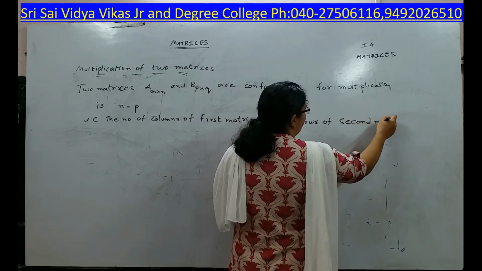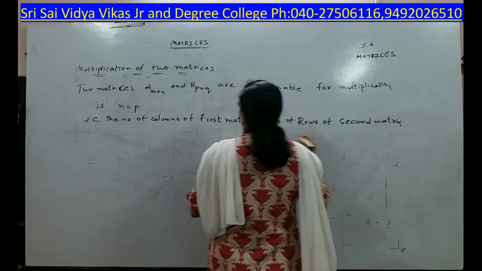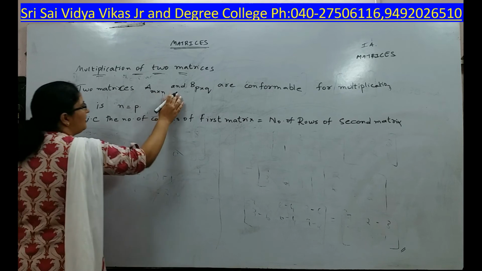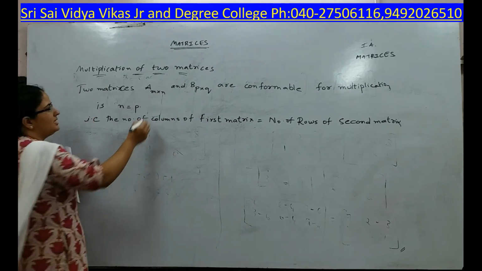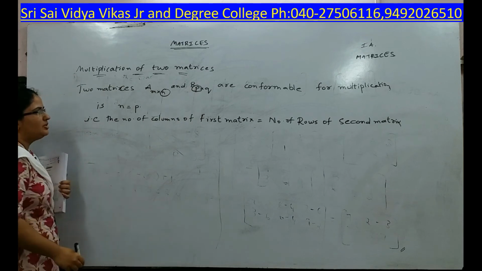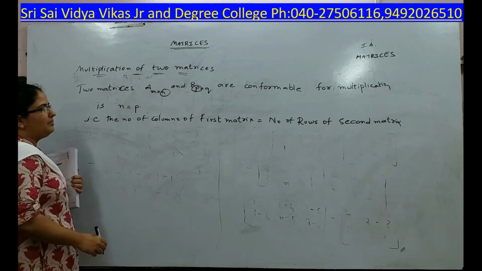Number of columns of first matrix is equal to number of rows of second matrix, then only the two matrices A and B are conformable for multiplication, that is n must be equal to p, then only these two matrices can be multiplied.